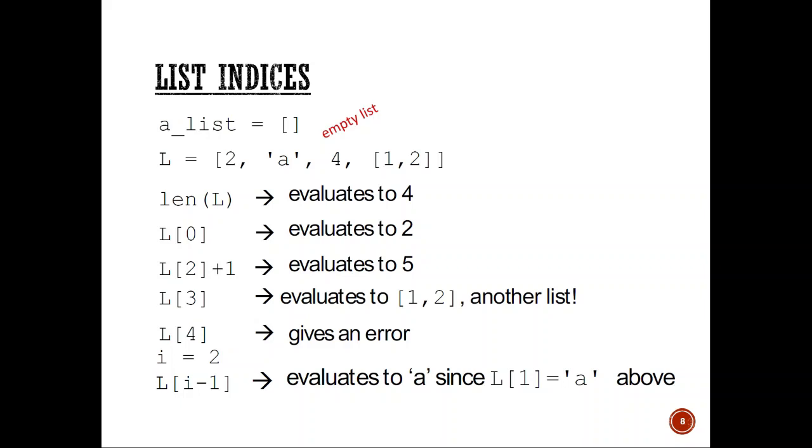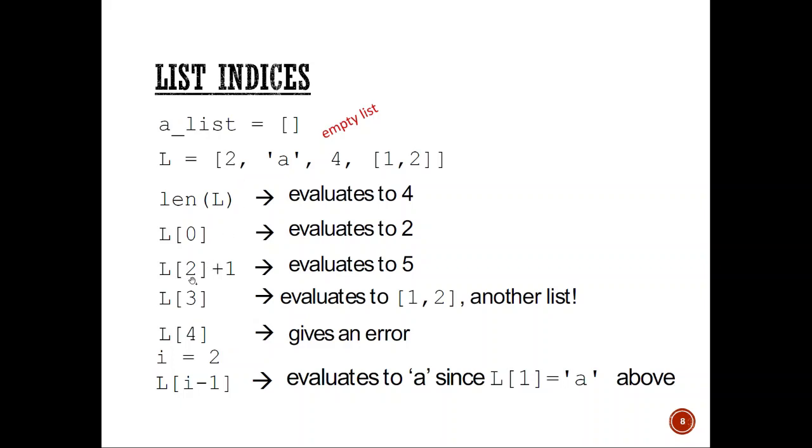As an example, assume we have the list L defined as follows with multiple elements of different types. Note that here one of the elements is a list in itself. So the length of L would give us 4 because we have 4 elements in L. L at 0 is 2.